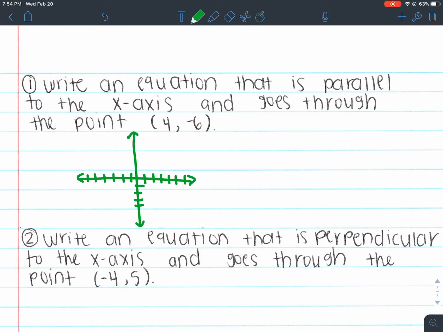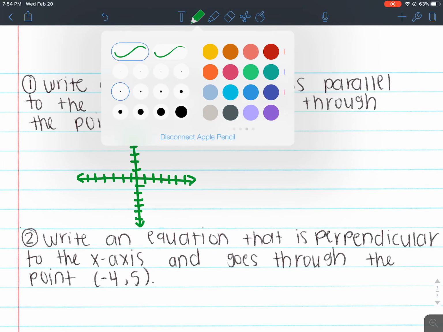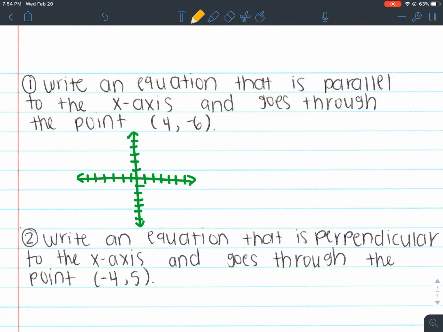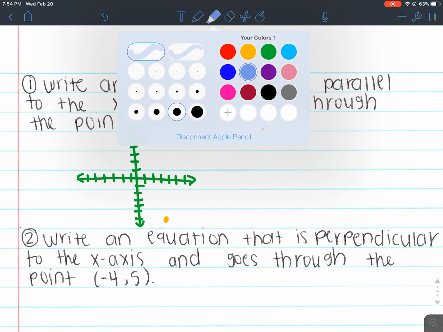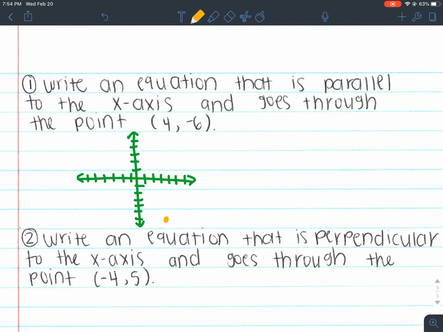Okay, so I'm just drawing some tick marks on this graph. Okay, now I want it to go through the point 4, negative 6. I'm going to plot that. That's down here somewhere. And I'm going to identify the axis that it wants to go through. So I want it to be parallel to the x-axis. So I'm going to highlight my x-axis so I can focus on that.